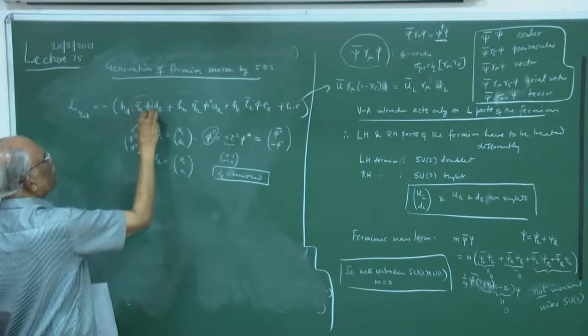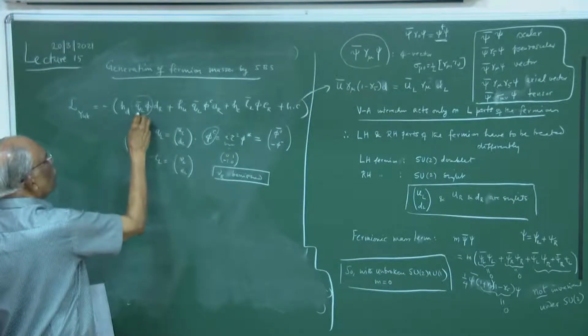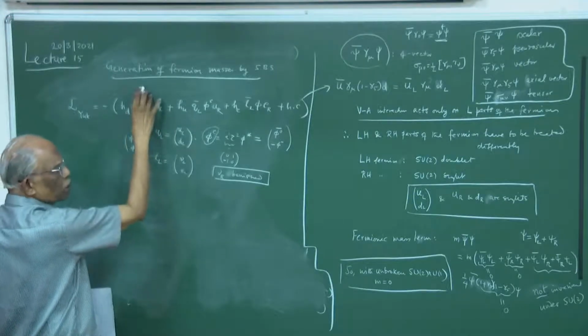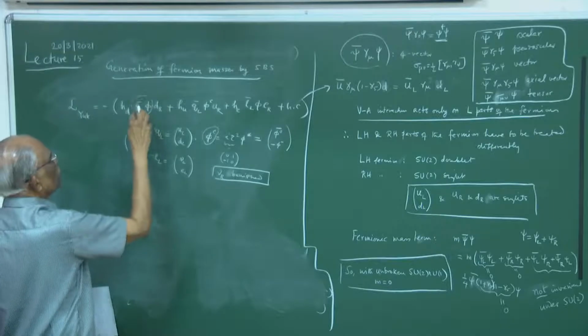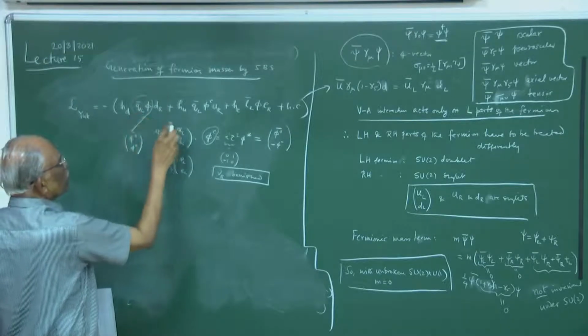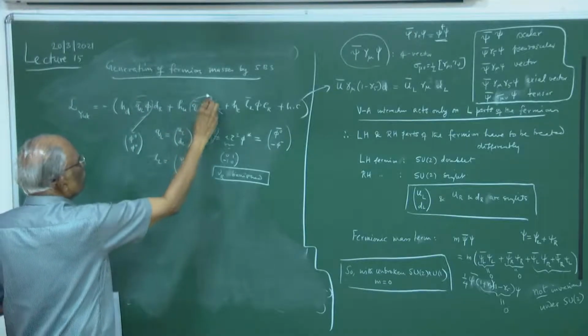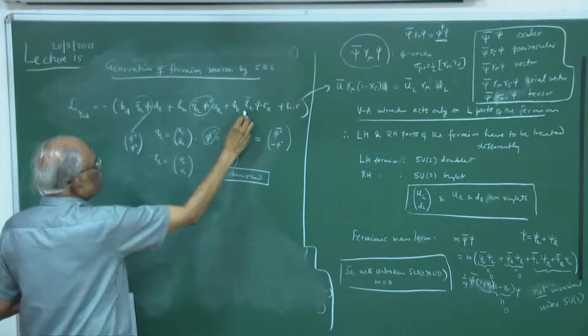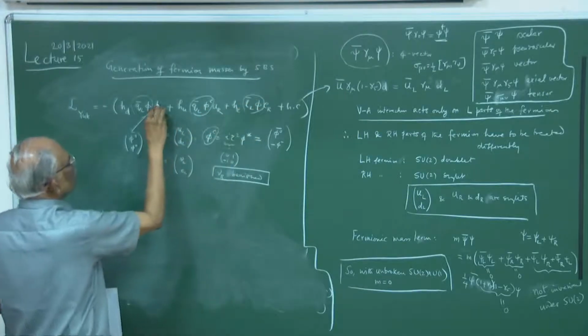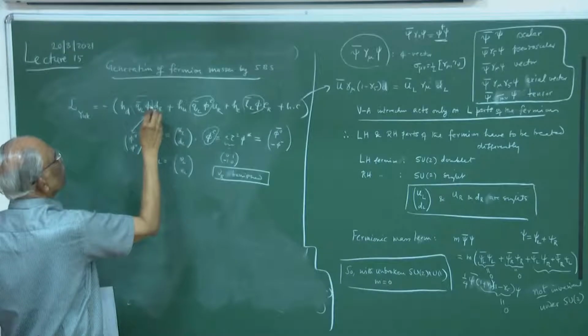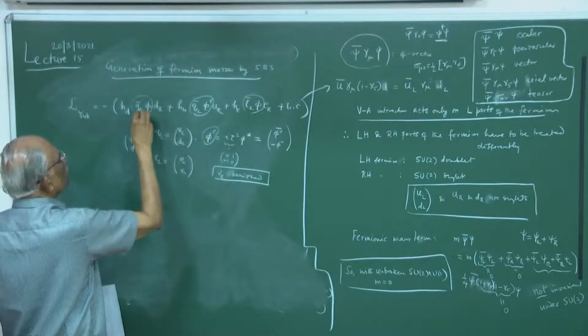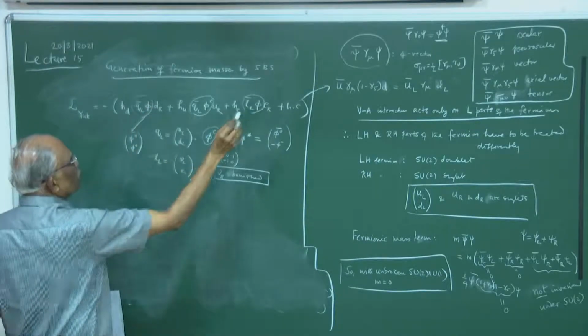Then you can see that this is a column vector, this is a row vector, and so matrix multiplication is involved, so that this becomes a number. So this is SU2 invariant. Similarly, here this is also invariant. Similarly, this is invariant, and this is a singlet. So an invariant multiplied by a singlet remains invariant. So every term is SU2 invariant.